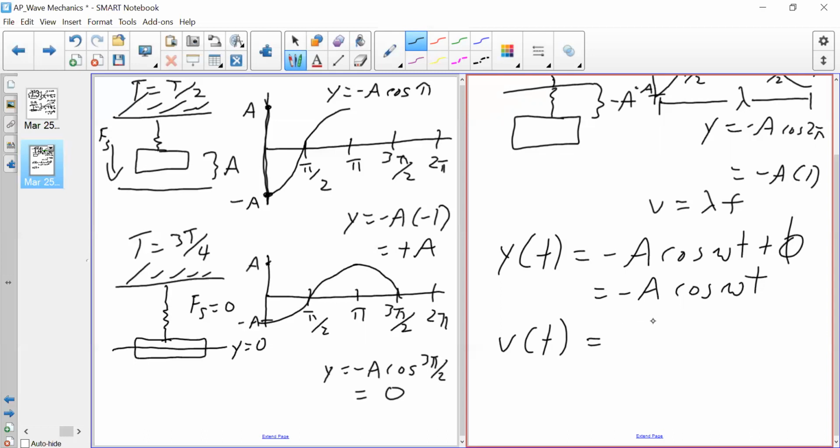We take out an omega, and actually the derivative of cosine is negative sine, for those in the know. Since there's a minus sign already out here, it's basically negative omega. So not only do we take the derivative of a function cosine, which is negative sine, we take out an omega as well. And so this is going to be negative omega A sine omega t. So that makes it positive.